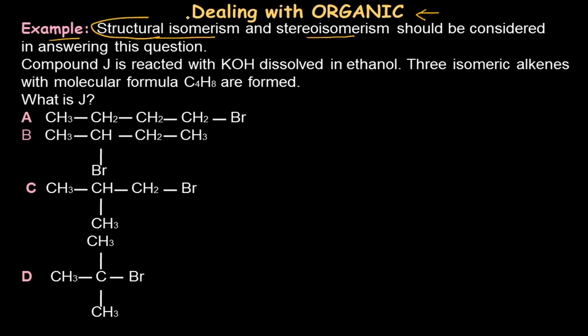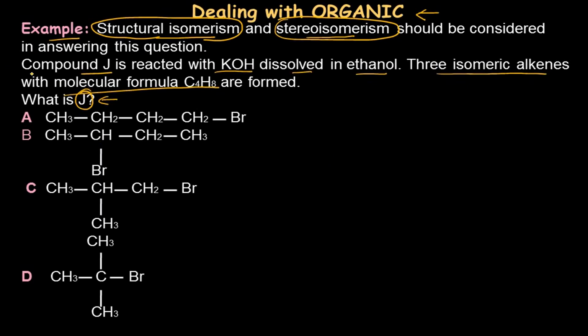So you are supposed to consider 2 types of isomers in this question. Let's read it further. It says compound J is reacted with KOH, that is potassium hydroxide dissolved in ethanol. 3 isomeric alkenes with the molecular formula C4H8 are formed. Then what is J? So you are supposed to find out the structure of J.